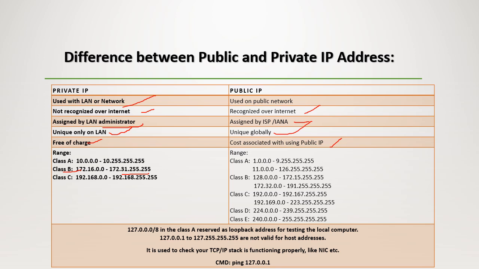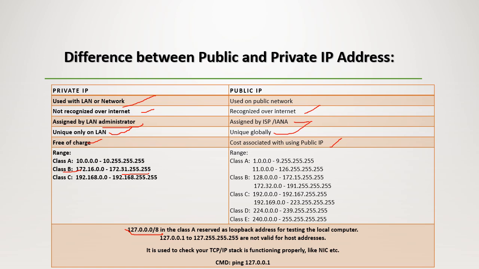And in the previous slide, as I informed you, we haven't seen this 127.0.0.0 address. This address belongs to class A and it is reserved for loopback address. It's only used for local testing purposes, like every device, your computer, has a NIC card.